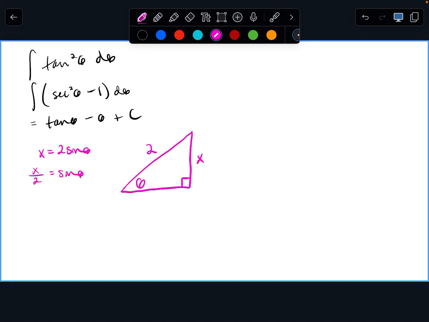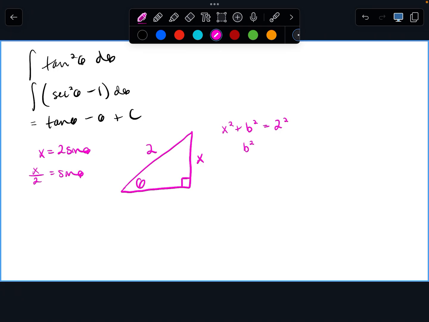And of course I need tangent. Silly. Why would I just use sine? So I've got to figure out adjacent, which is a little Pythag action again. We're going to do x squared plus b squared equals 2 squared.